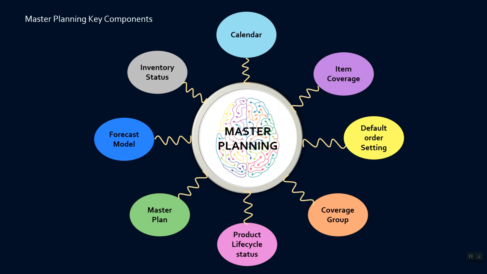All these different calculations the system does in its brain, that is master planning, and suggests some planned orders. But it depends on various components to suggest and finalize on the data.